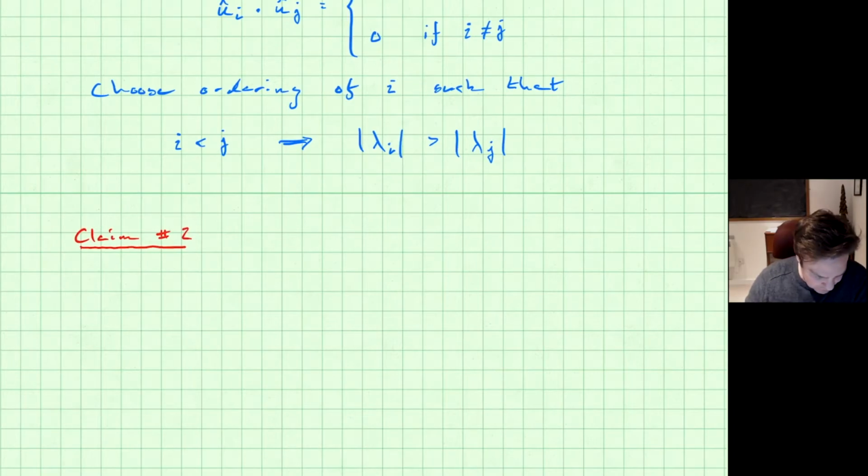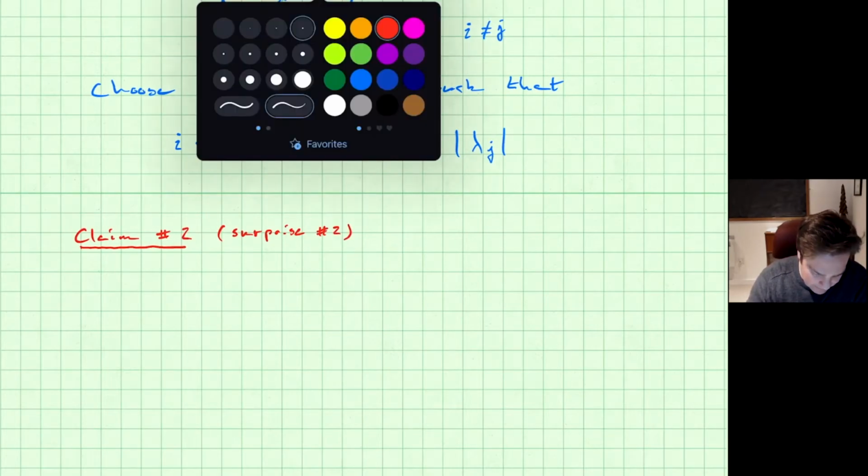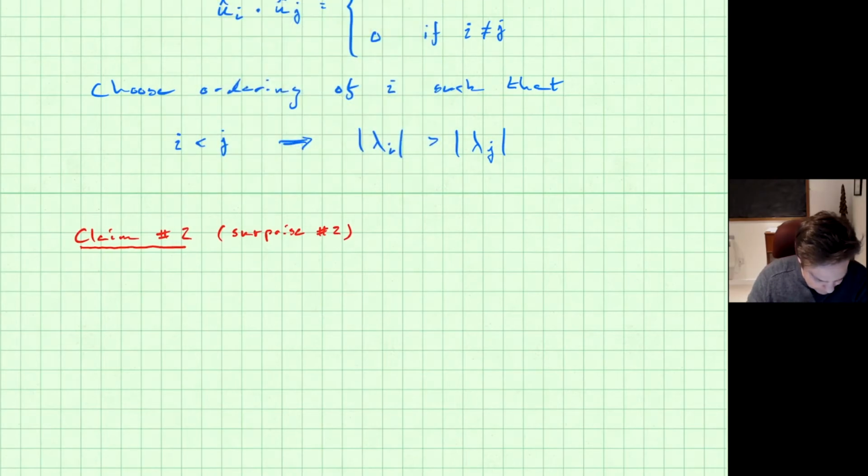Okay, so anyways, claim number 2, or so-called surprise number 2, because it is kind of a surprise. And again, if you're a mathematician, just call it theorem number 2. It is the following. The alphas which maximize the variances, right? So we choose the principal component directions.